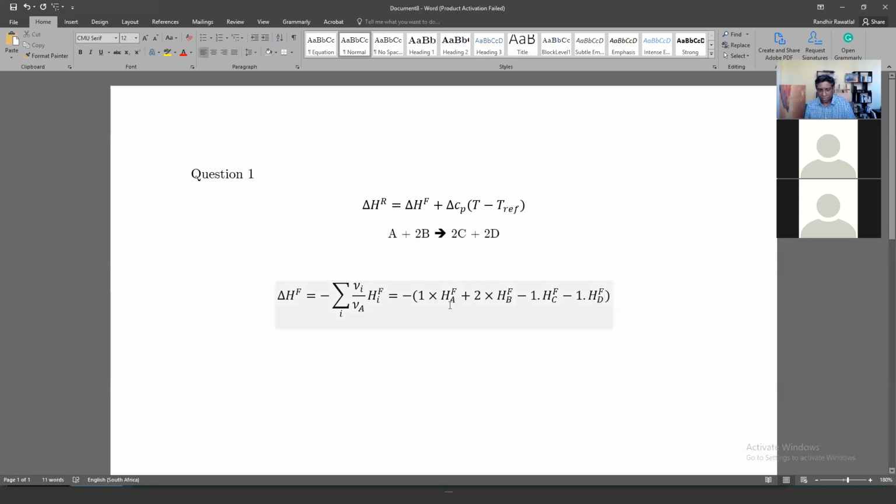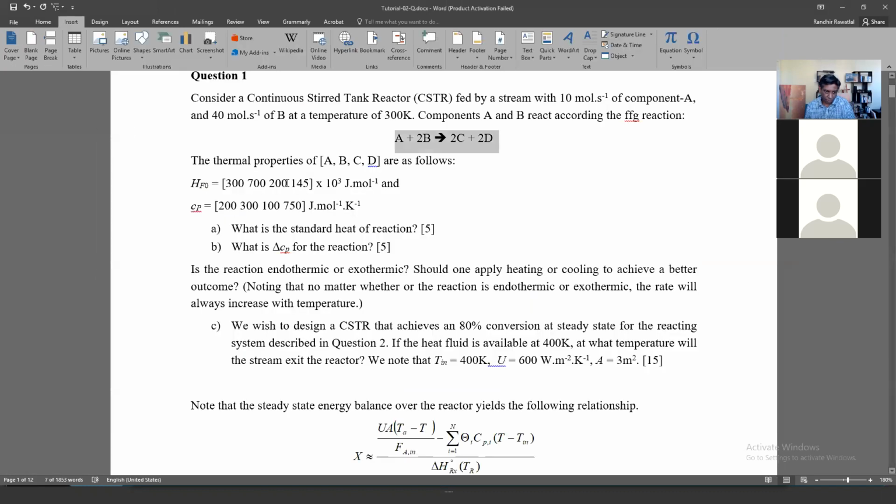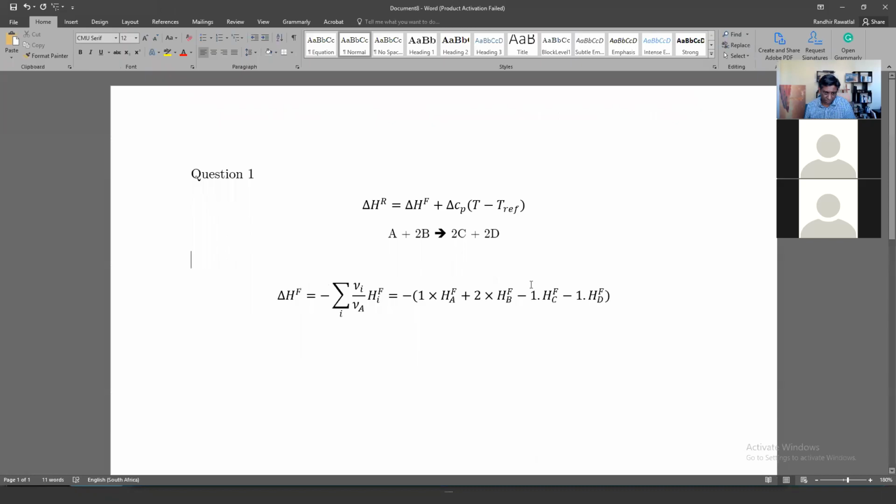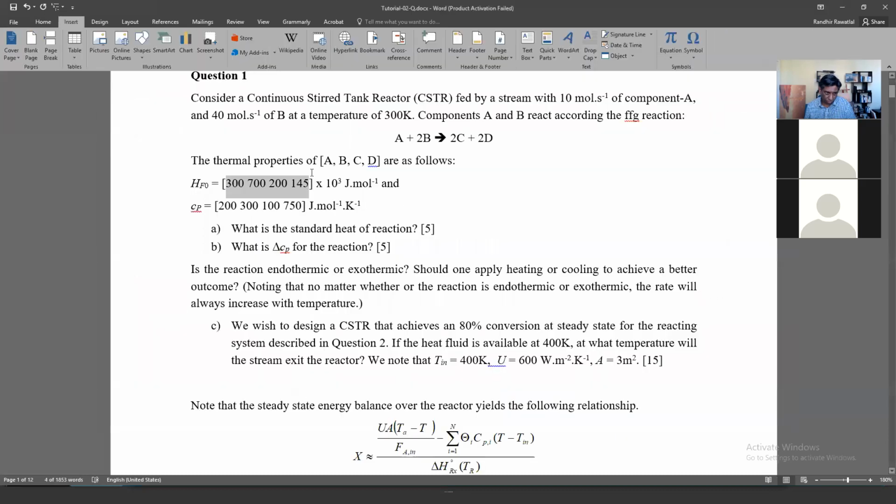Right. And all these heats of formation are given in the problem. So these are simply specified here. So you stick the numbers in and you work this out. Looking at the heat capacities, they have higher values here. You've got that 750.